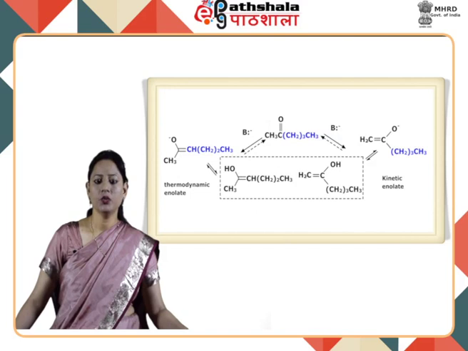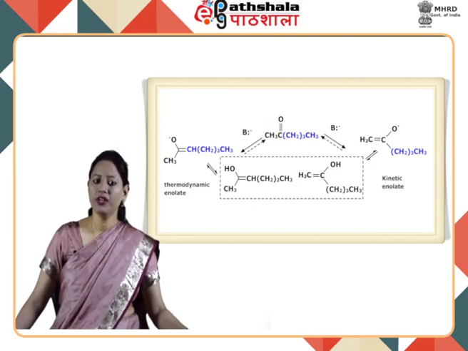In 2-hexanone, the alpha hydrogens of the methyl group are less sterically hindered than the alpha hydrogens of the butyl group. Thus, removal of a proton from the methyl is faster than removal of a proton from the butyl. In the presence of a strong base, the enolate will not be converted back to ketone, as the enolate is a weak base to regain the proton.